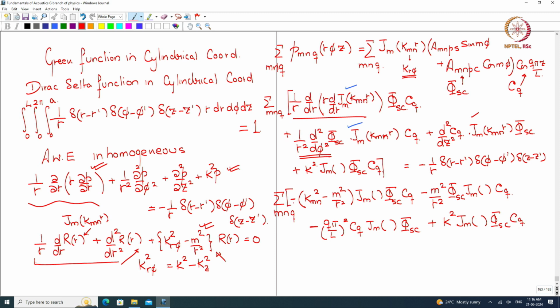Okay, this is equal to minus 1 over r delta r minus r dash, delta phi minus phi dash, delta z minus z dash. Now let me take this to the next page here.